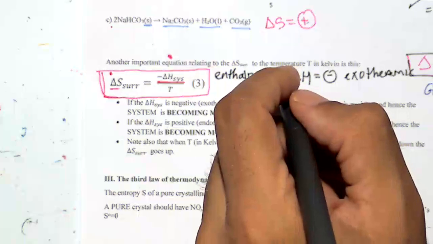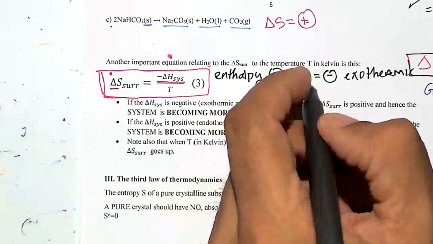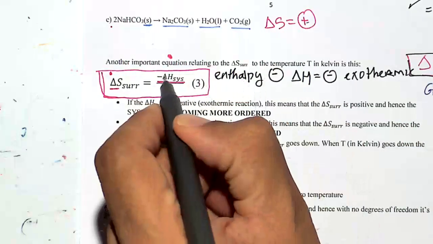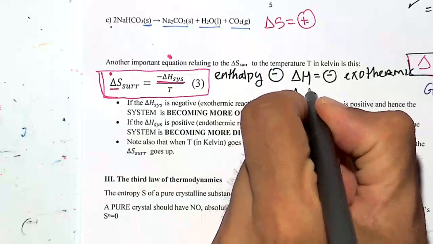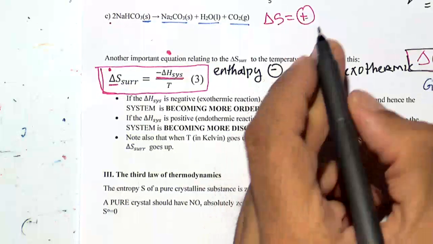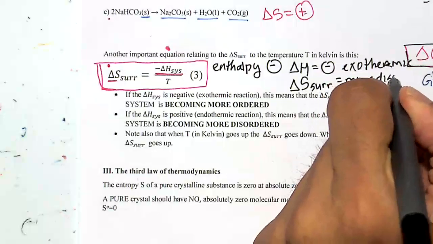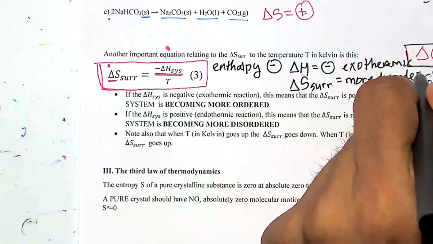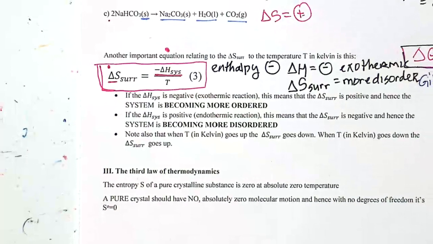But what will the entropy of the surroundings be? Ordered or disordered? Okay, negative into negative is positive. So what would your delta S of the surroundings be? The entropy of the universe? Okay, more disorder.